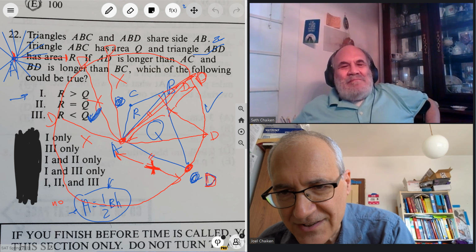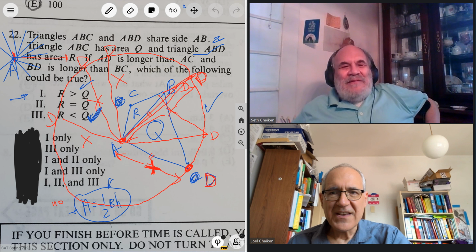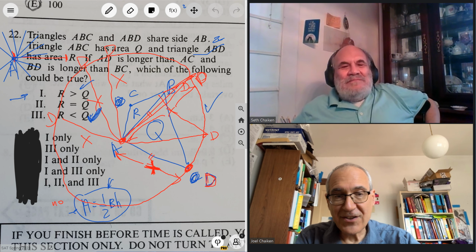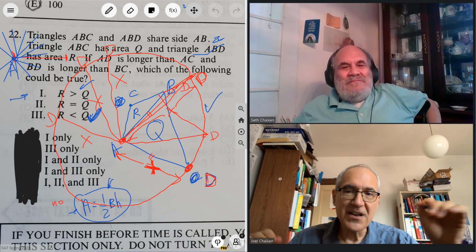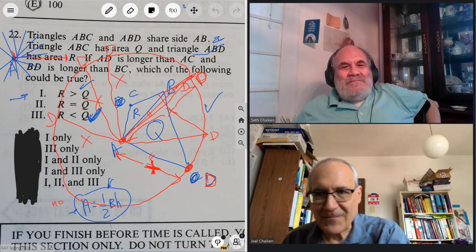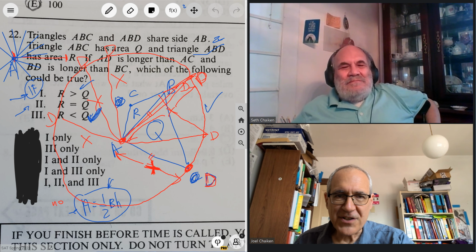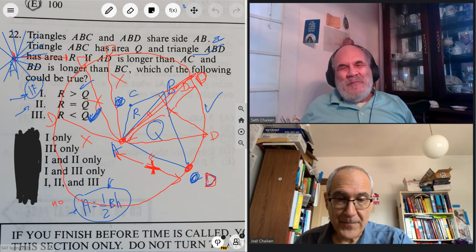If you could make a picture where R is greater than Q, then if it's less than Q and there's a possible greater than Q, you would think, because things are continuous, where things go smoothly, that this would also be true. So maybe one approach that I probably would have done, because I don't have the same experience as Seth, is I would have tried to find an example where I could draw this where R is actually greater than Q.